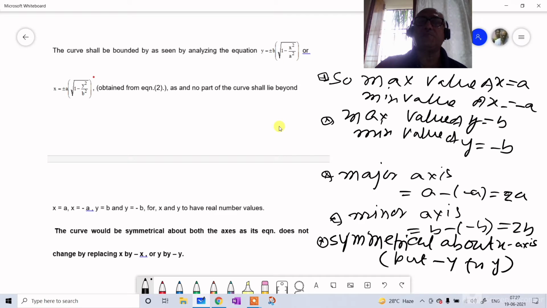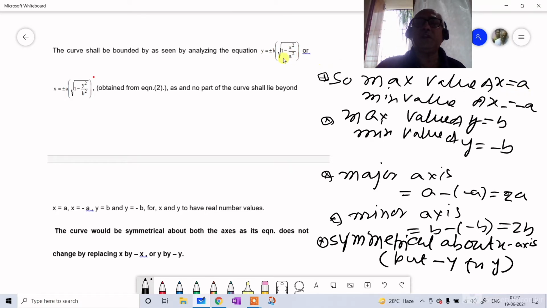Please transform the equation to this form: y is equal to plus minus b bracket root over 1 minus x square by a square. Now this x square by a square must be less than 1. At maximum, x square by a square must be equal to 1. So the maximum value of x is a.